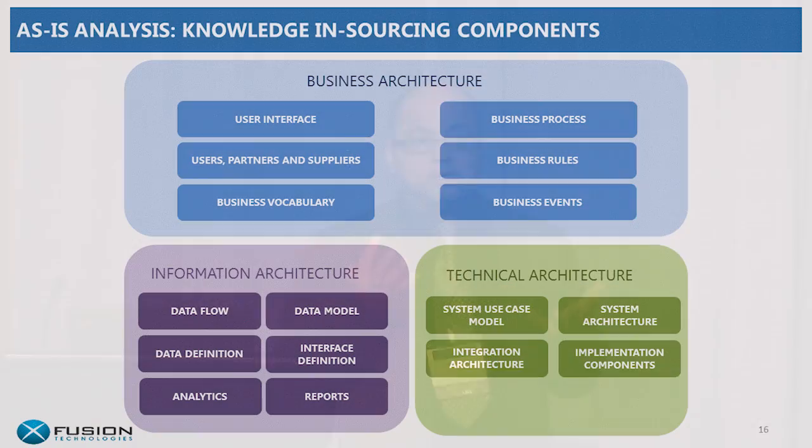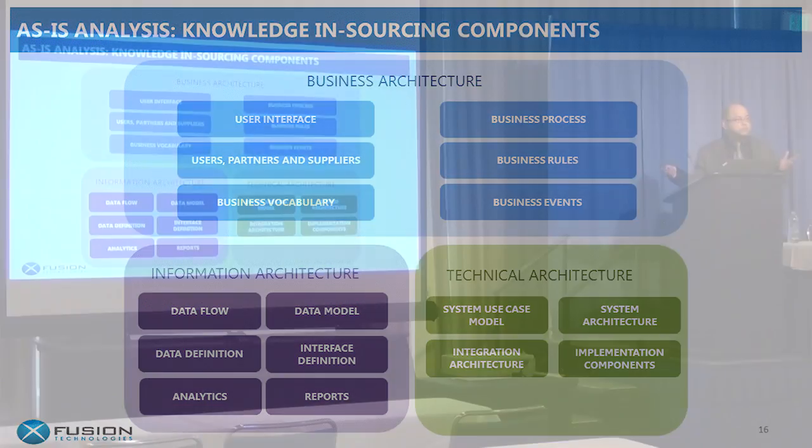And the technical architecture, which is the system use case model, system architecture, the integration architecture, and the integration component. So you can look at what components are being implemented and how they are being implemented. As a whole, this gives you the knowledge about your legacy system. That's the part of your as-is analysis.